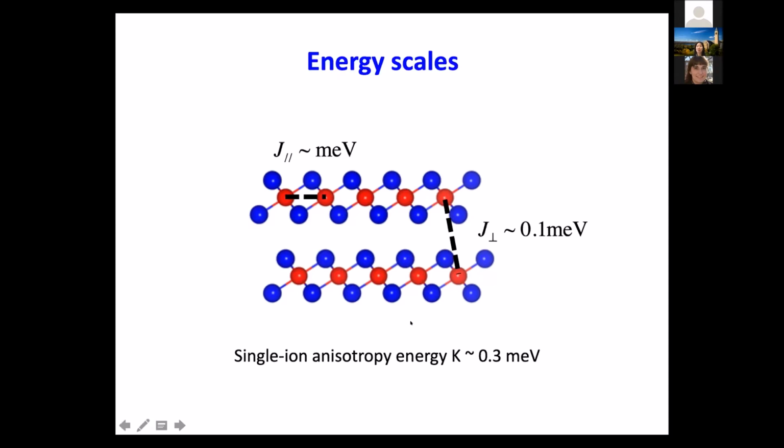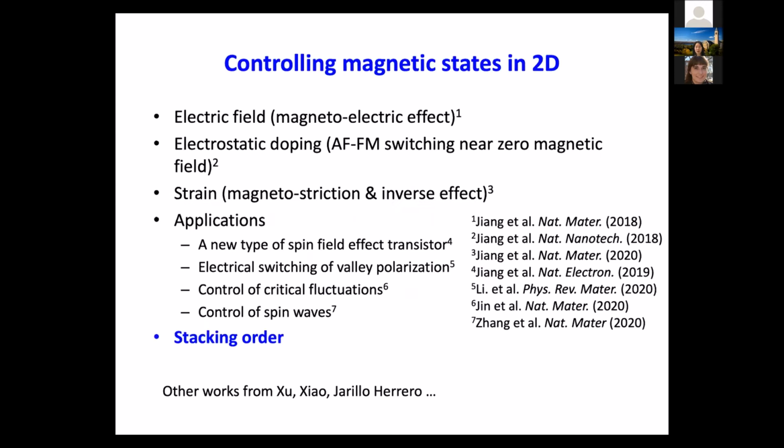And as you can see here, the energy scales are very small. And they are also very different, compared to the in-plane intralayer exchange. Therefore, we can manipulate them or control them with external means easily. So in the last few years, we have been quite busy playing with different means to control or manipulate the interlayer magnetic ordering.